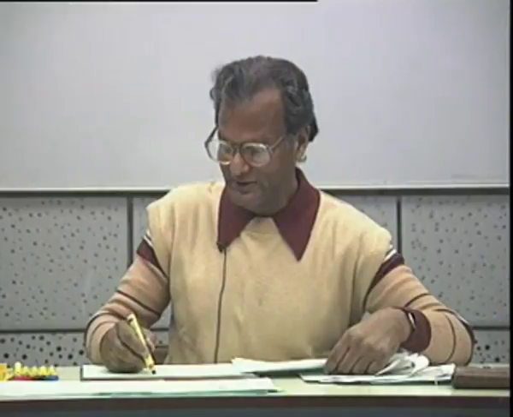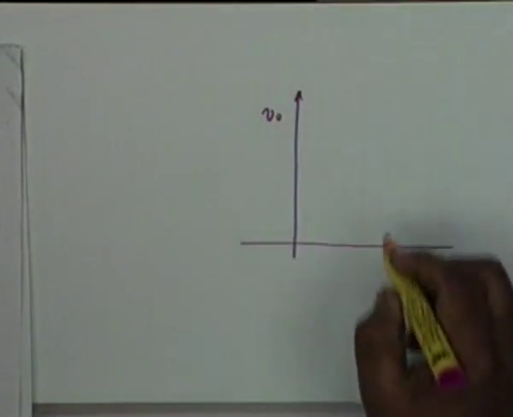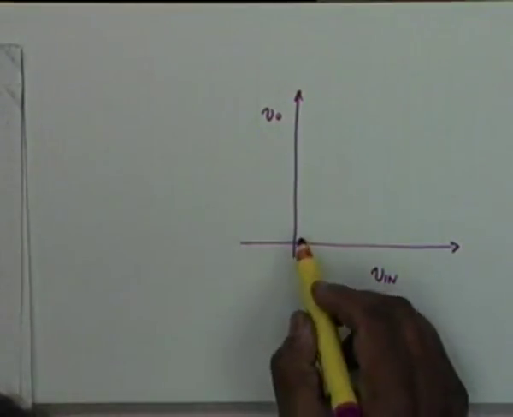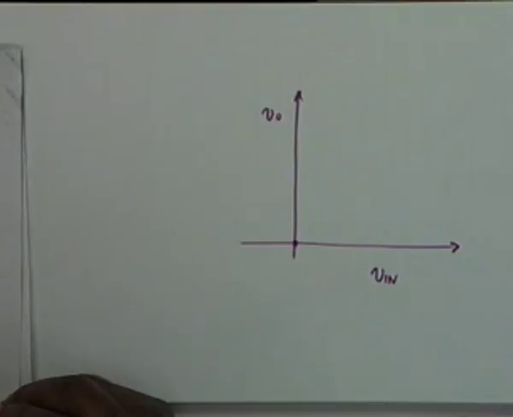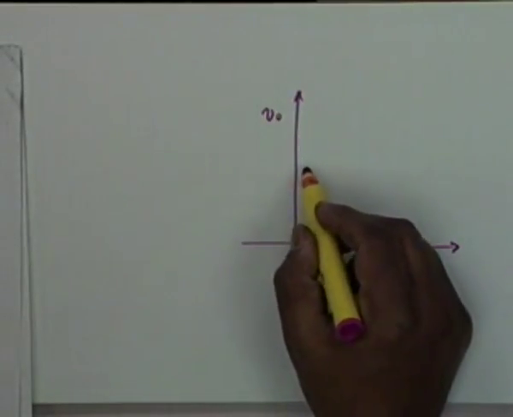I want to have your complete attention in this, because I am going to do some interesting plots now. If I plot V0 versus Vin, Vin equal to 0 leads to V0 equal to 2.69 volt.